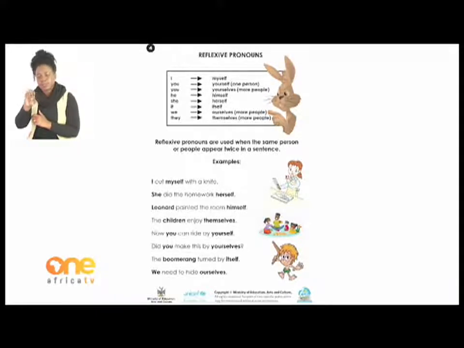She. When we have to refer it to a reflexive pronoun, it becomes herself. It. When we have to refer it to a reflexive pronoun, it becomes itself. We simply means we are in a group, we are many. So it becomes ourselves, and they becomes themselves.